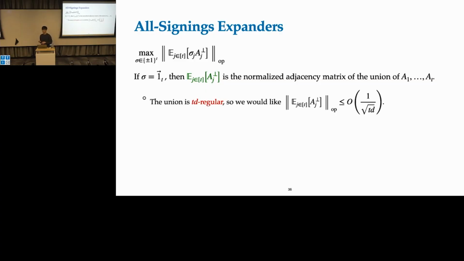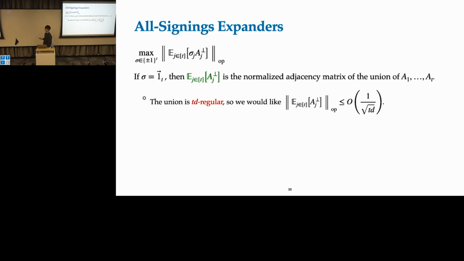And because each of them is d-regular, the union of the graph is td-regular. What we hope is that the union is also Ramanujan, which means that the operator norm here is at most 1 over the root degree, and degree is td, so this is 1 over root td. So they're all Ramanujan, and then the union is also Ramanujan.